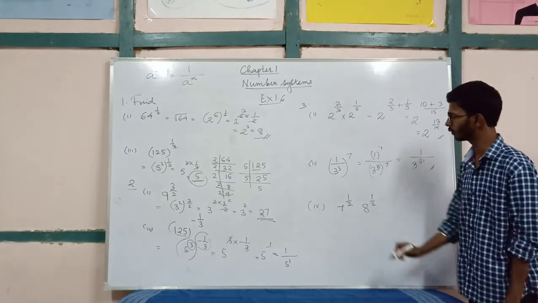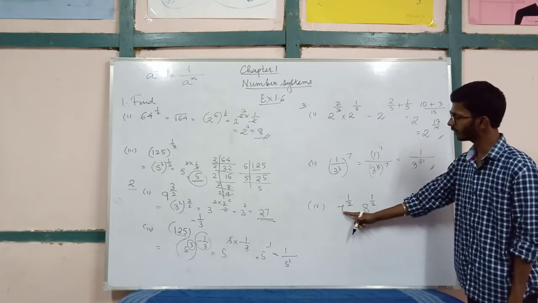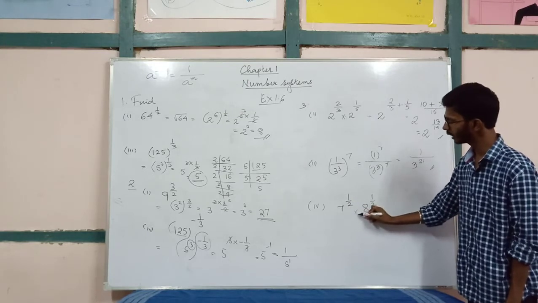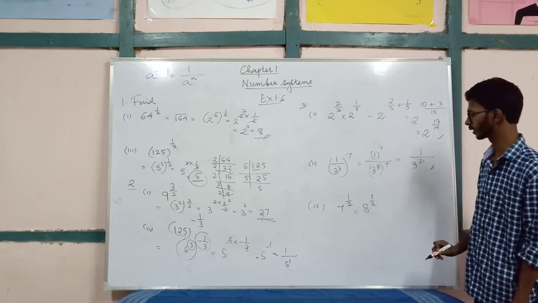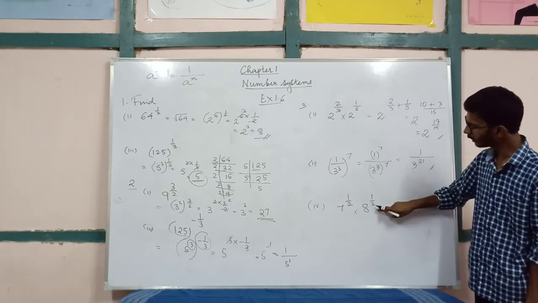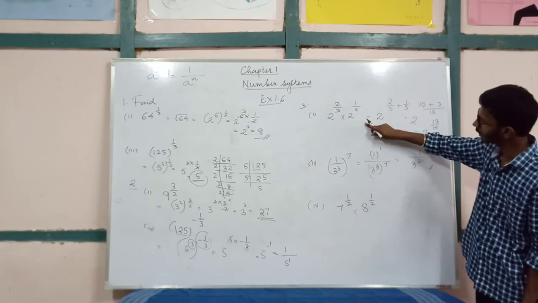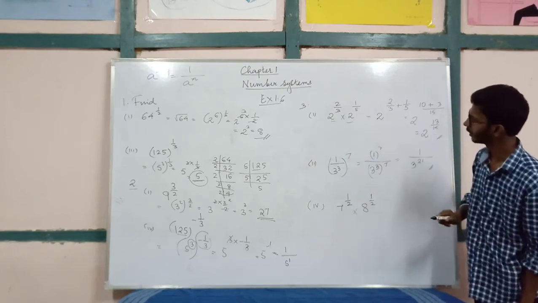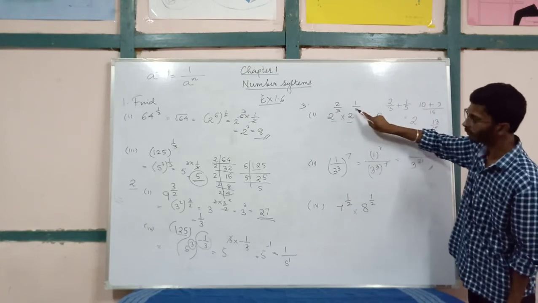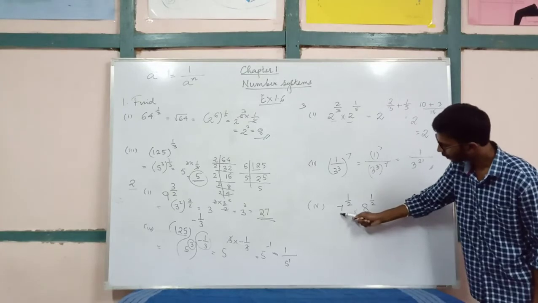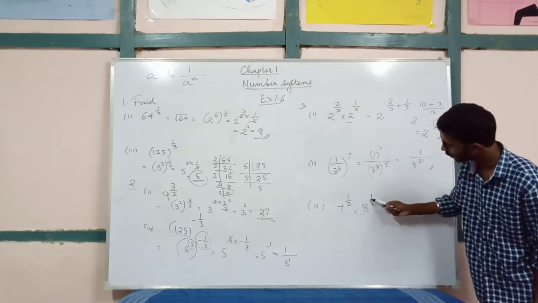Last one, question number 4. 7 to the power half into 8 to the power half. If you observe nicely, see this question number 4 and question number 1. In question number 1, bases were same, whereas powers were different. But in question number 4, bases are different but the powers are same.